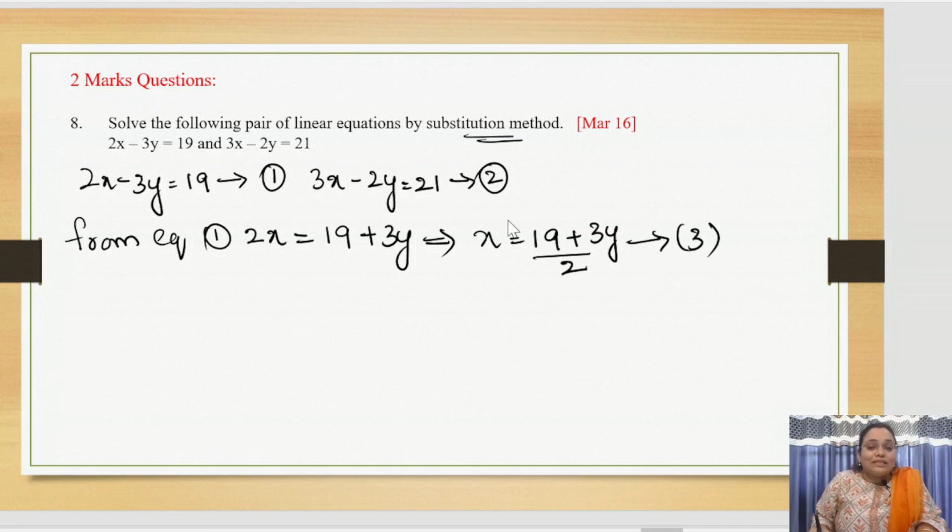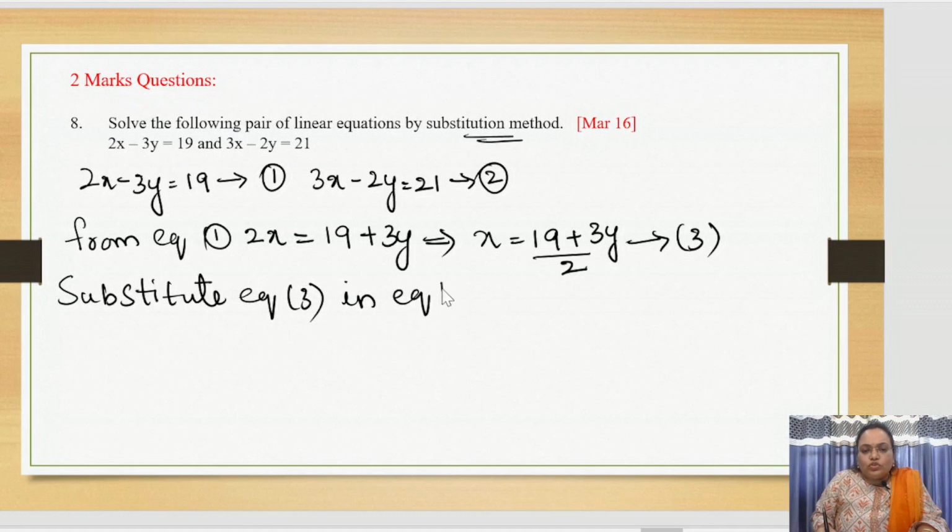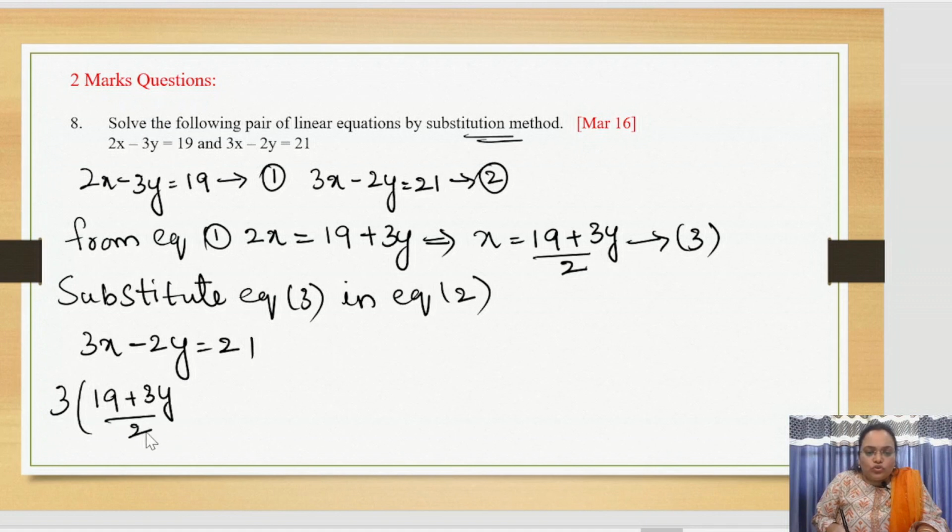Now substitute equation 3 in equation 2. So what is equation 2? That is 3x minus 2y is equal to 21. We know the value of x, which is 19 plus 3y by 2, so 3 times (19 plus 3y) by 2 minus 2y is equal to 21.